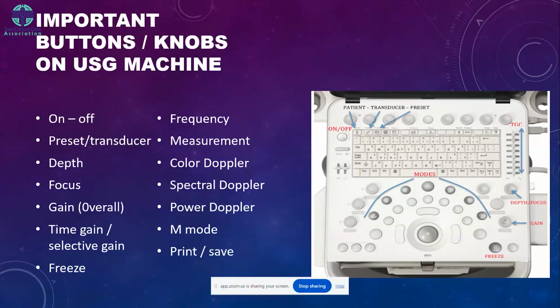Then there's a focus knob, an overall gain knob, and some machines will have time gain or selective gain knobs, which if you see on this screen is on the top half right side. Then there's a freeze button. You can have a frequency button to change the frequencies. Then you have M mode measurement. You have color Doppler, spectral Doppler, and power Doppler buttons. You have an M mode button. In the end, you have a print or save button.